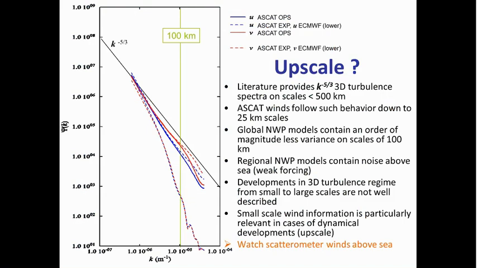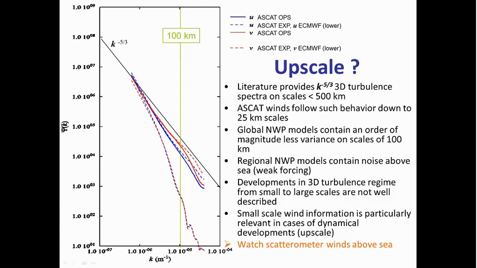Here's a plot, it's a spectrum. On the horizontal scale you see the wave number. If the wave number is small, the scales are large. If the wave number is large, the scales are small. I plotted a line of 100 kilometers in here. That's the wavelength.